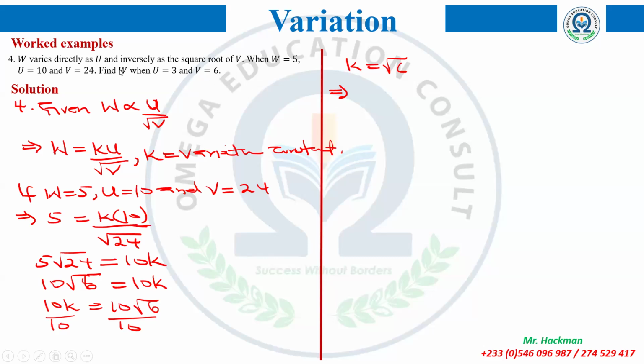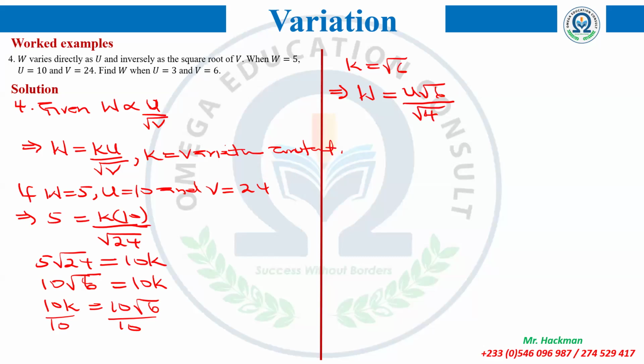Your conclusion should be when you are finding the value of W. So the best we can do is implication. So this implies that W is equal to U root 6 all over root of V.